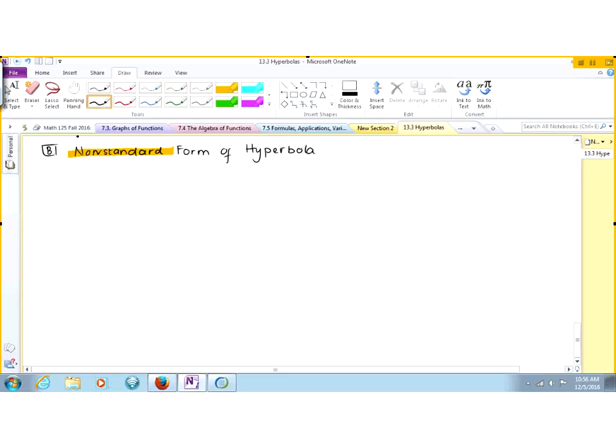When we say non-standard hyperbola, this is the equation of a hyperbola having the x and y axes as asymptotes.